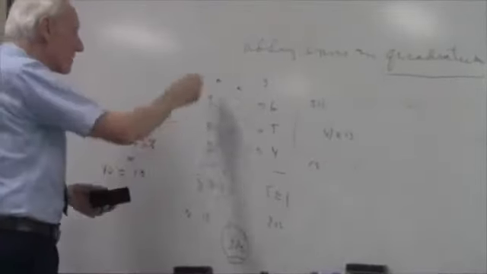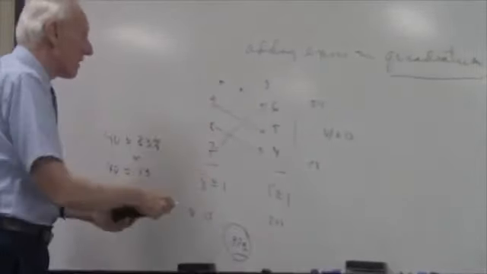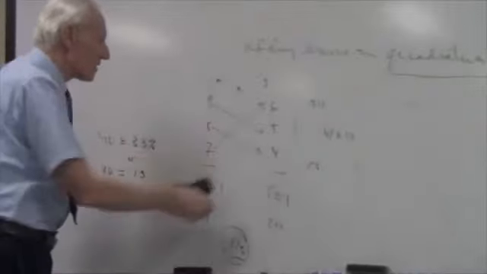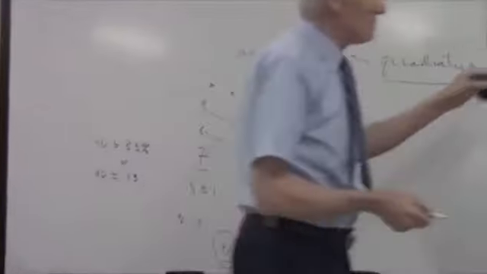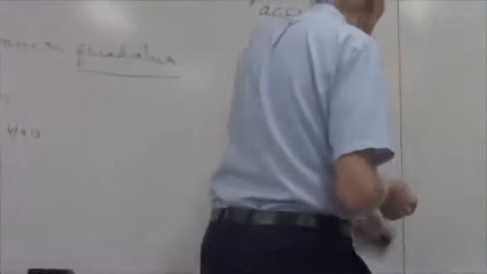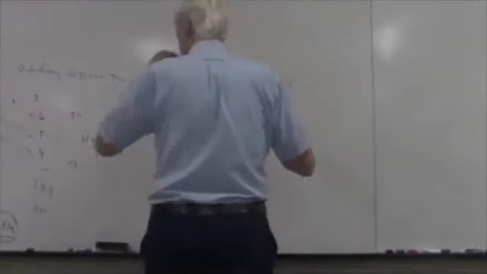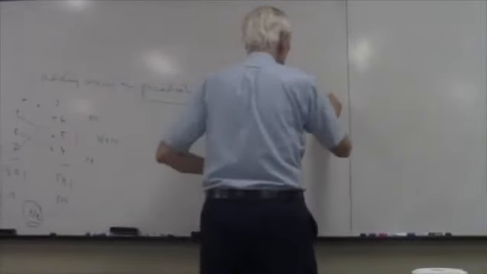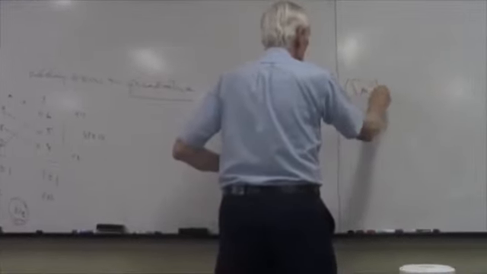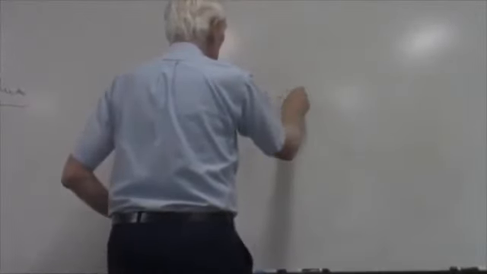It takes into account the fact that these are random numbers, and why would you pair the biggest number here with the biggest number there every time, and the smallest number here with the smallest number there every time? You don't, because they're random numbers. So here's the error in A times B. The error in A times B is the square root of the error in A squared plus the error in B squared.